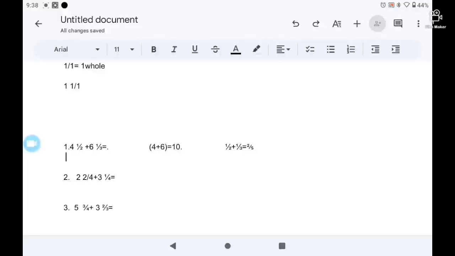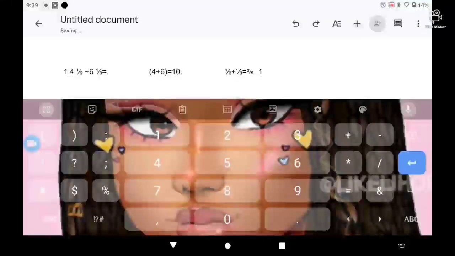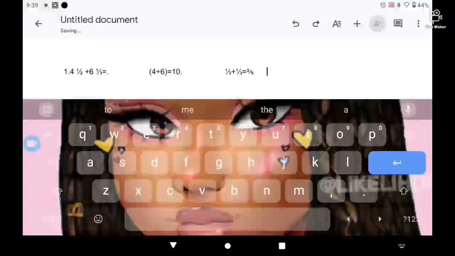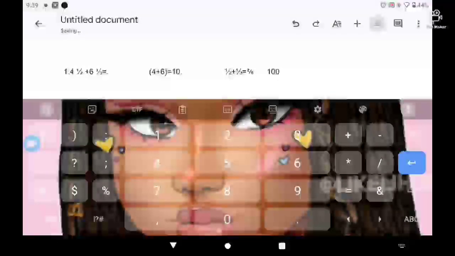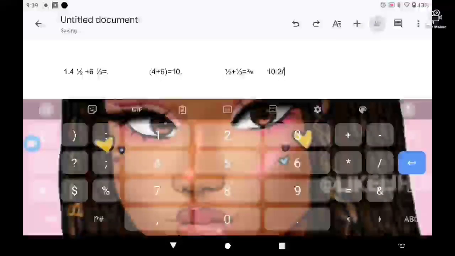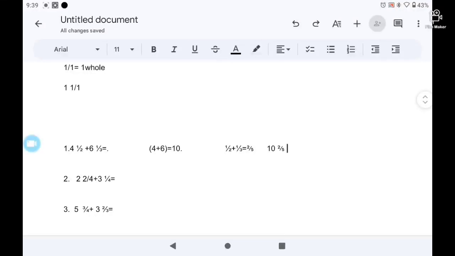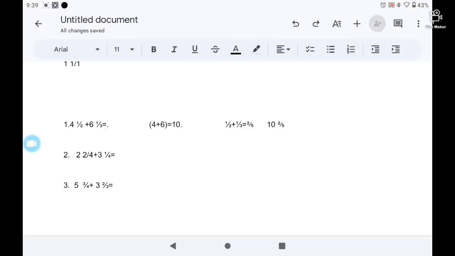If you guys can tell me, what would our new fraction be? If you said 10 2/5, you are correct. Our new fraction is 10 2/5, because the 4 and 6 gave us our new whole number, and then the 1/2 and 1/3 gave us our new fraction.